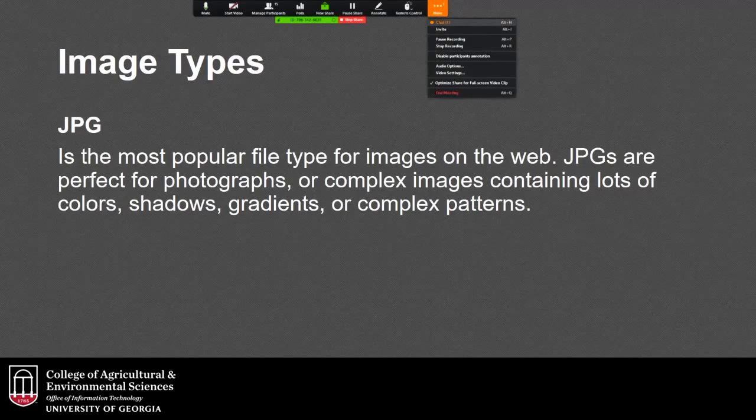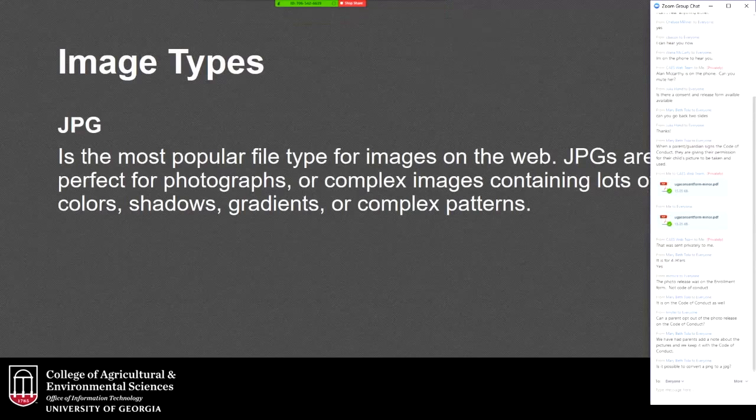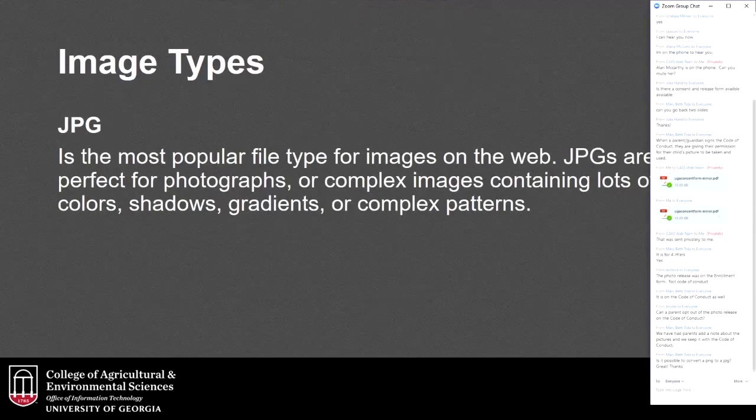And let me pull up the chat here. Yes, it is, Mary Beth, it is possible. And actually, I am going to show you that when I do the demonstration, because like I mentioned a few seconds ago, if you use the online Canva photo editor, which I love, I use that a lot, it only saves as PNG.